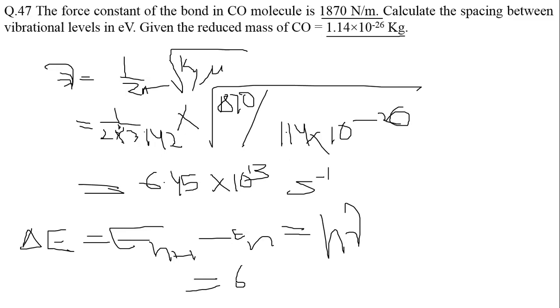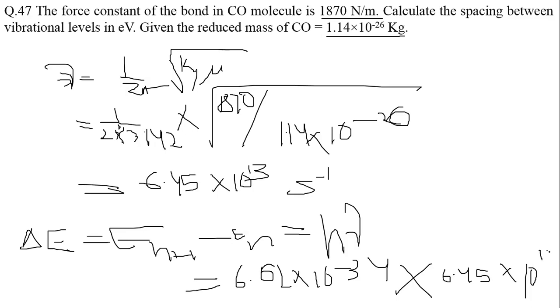We know the value of h: 6.62 into 10 to the power minus 34, into 6.45 into 10 to the power 13. So please calculate it and tell me what will be the separation of energy in terms of electron volt.